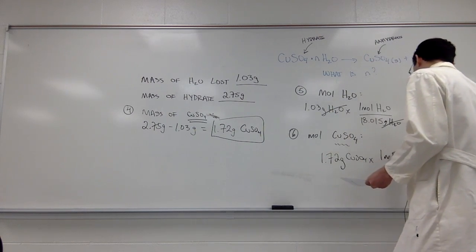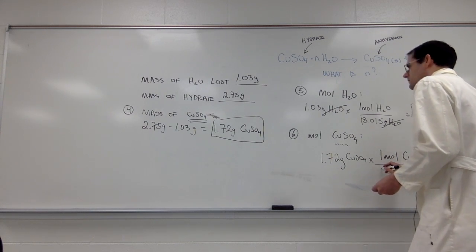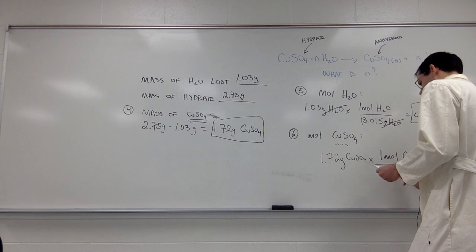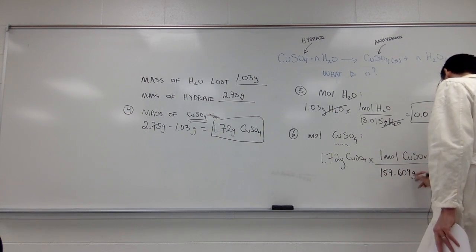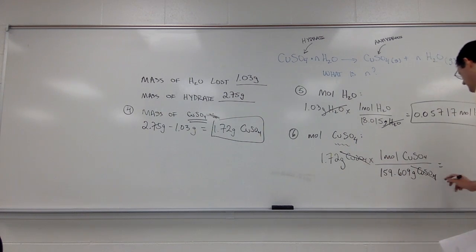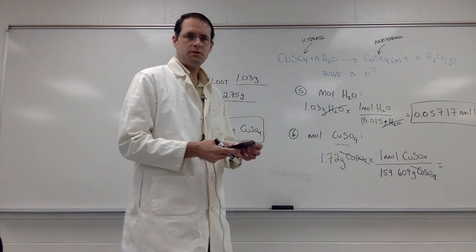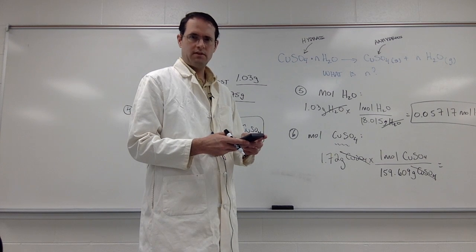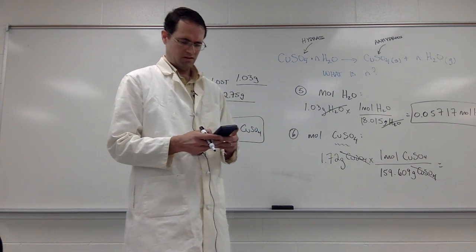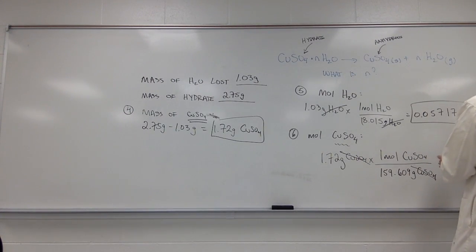Once again, we divide by the molar mass. What did I say? 159.609 grams. The grams of copper sulfate cancel here, and we're going to have a final value of 0.01078 moles of copper sulfate.